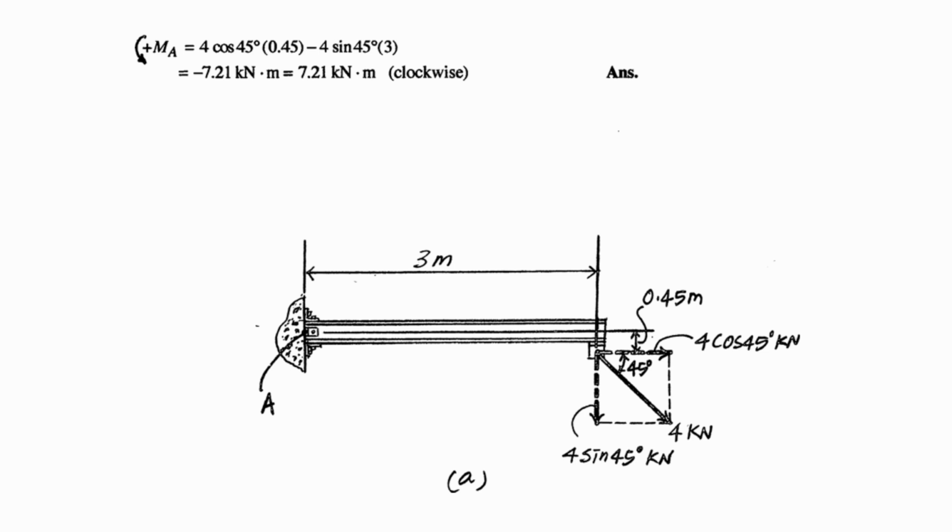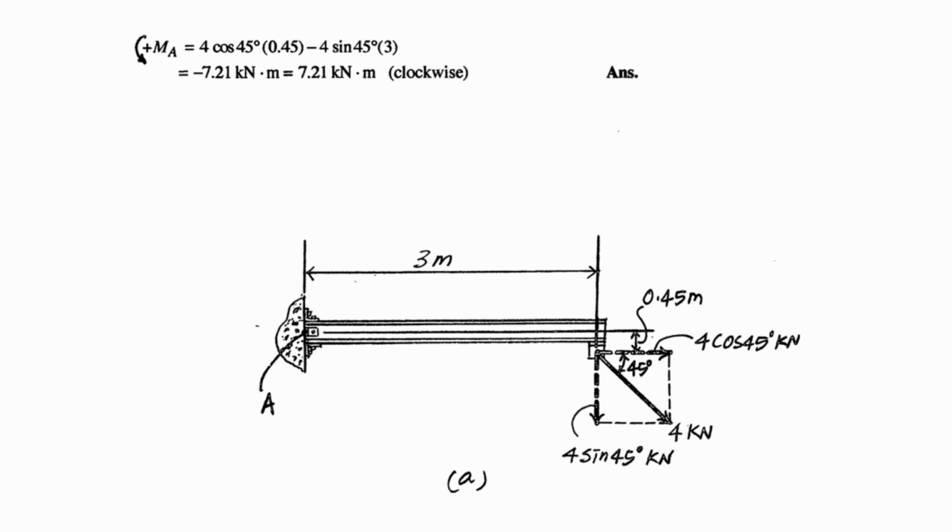To get to point A, we have a perpendicular distance for this horizontal projection of the force of 0.45, and it will go counterclockwise, which means it is a positive sign, and we have 4 times sine 45 times 3 meters, and in this case this moment will be clockwise.